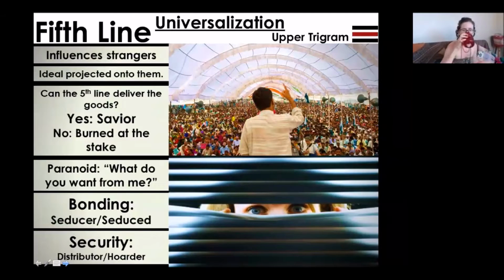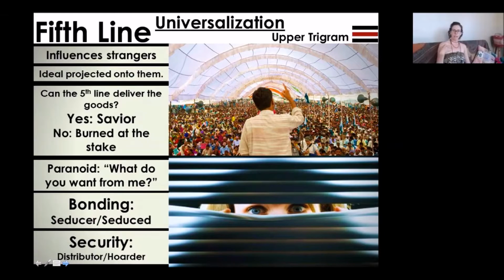Okay, the 5. The 5 is the heretic. Like the 4, the 4 is focused outwards on others. The 5 is also focused outwards on others. The 4 is influencing, but only within a network.